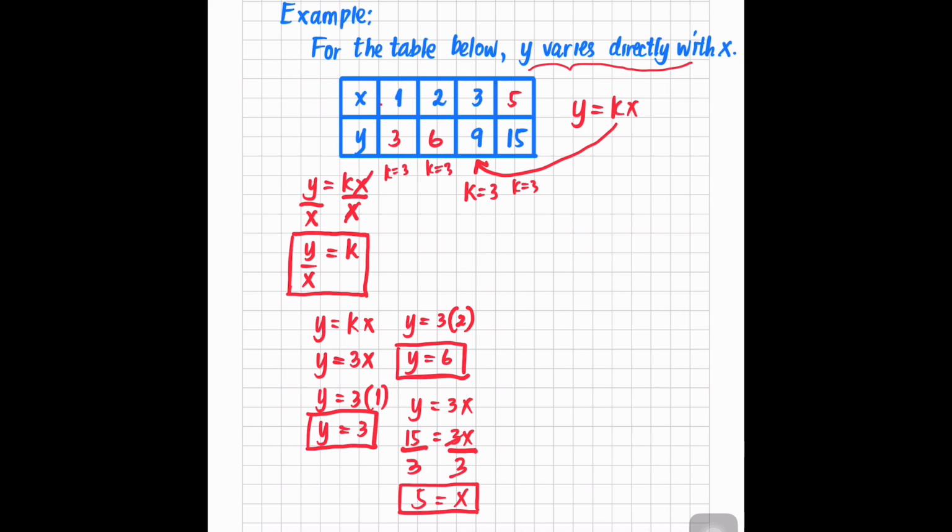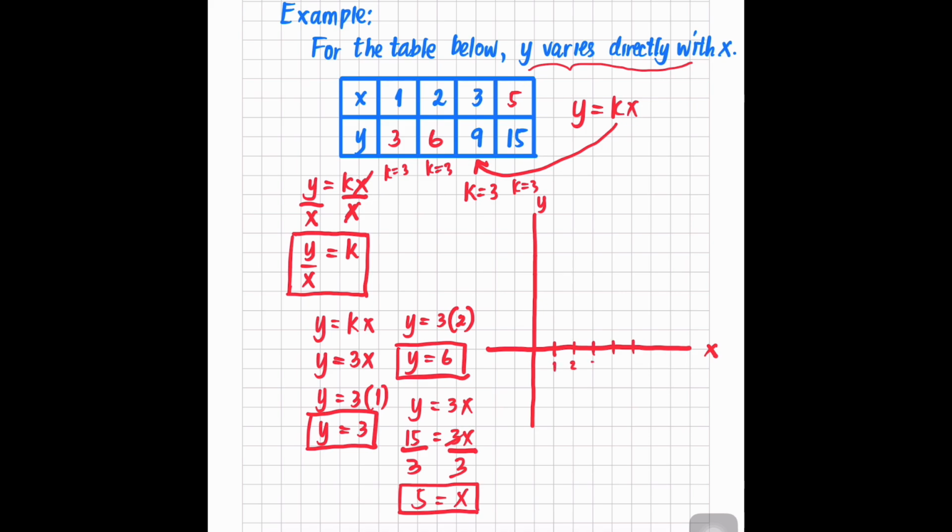So we need to draw a coordinate plane. The highest value for x is 5. Okay, so this is the x-axis and we have the y-axis. Now, x is 1, so we have 1, 2, 3, 4, 5.